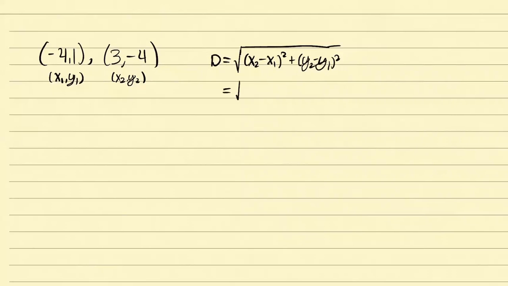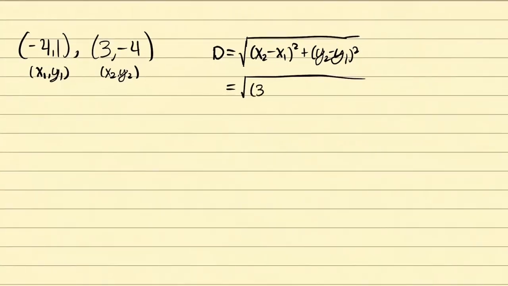And we're just going to plug in now. x2 is 3. And this is where you have to be careful with your arithmetic. x1 is minus 4. So I'm subtracting minus 4. y2, which is minus 4, minus y1, which is 1.